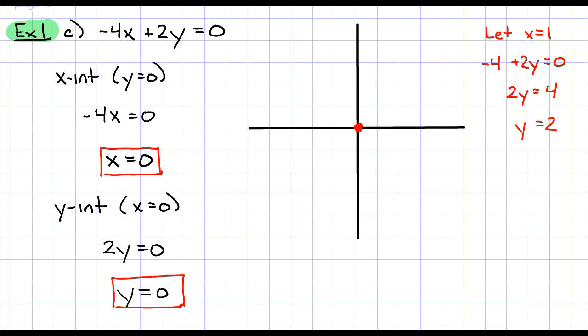So the point 1, 2 is also on this line, and that gives us a second point we can use to graph the line. So our graph would look like this. Later on, we're going to find another tool that would allow us to graph lines like this, and that's calculating the slope of the line.